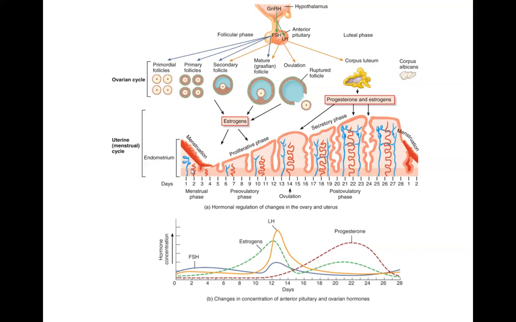Those first 5 days when a female is on her period, it's because of the loss of this cell layer. Okay. What's taking place in the ovaries is just the development of those primordial follicles, primary follicles, and so on. As those cells or those bubbles develop, they start to release more and more estrogens, and as we can see, their levels go up.